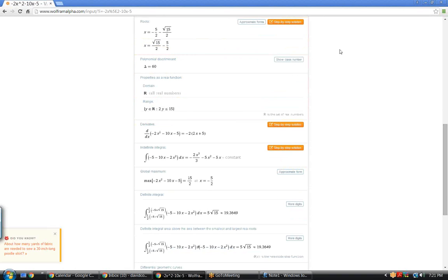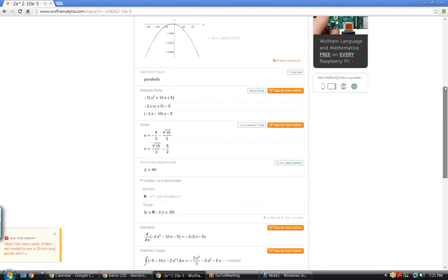So the zeros, you were rounding it off, but it's minus 5/2 minus square root of 15 over 2, and square root of 15 over 2 minus 5/2. In other words, those are the two zeros.